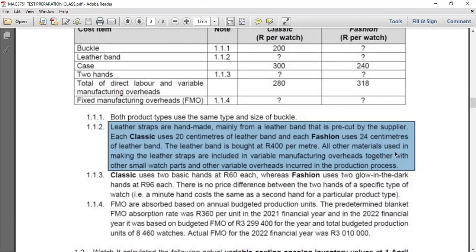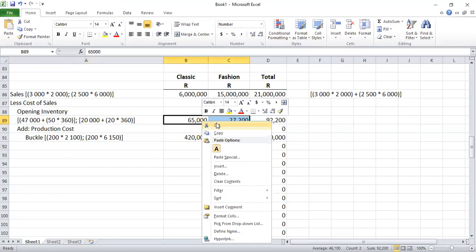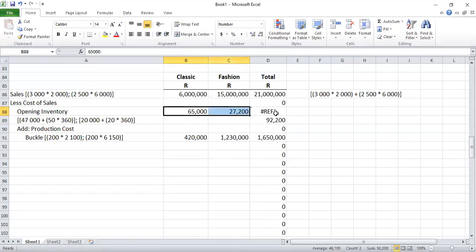Right. So we have to say it's for opening inventory. Or maybe let me put them here so as to avoid confusion. The working is down there. I did it for the space.